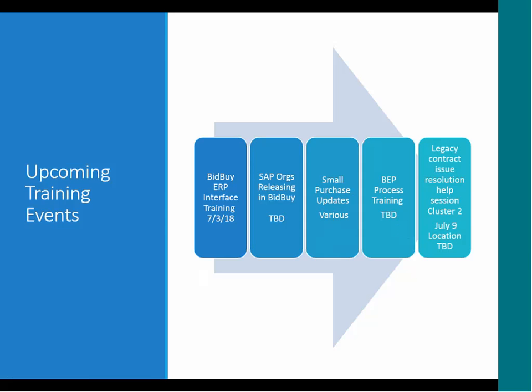We're in the very last stages of finalizing that. And then that legacy contract issue resolution help session is scheduled for July 9th, and you will receive invitations and information on that session. We will likely be adding more events to our upcoming training events. We're going to have a busy training season coming.